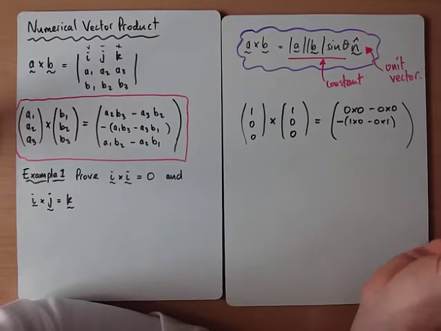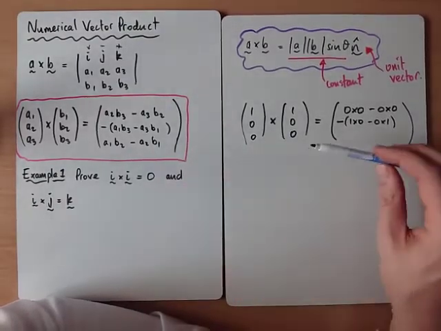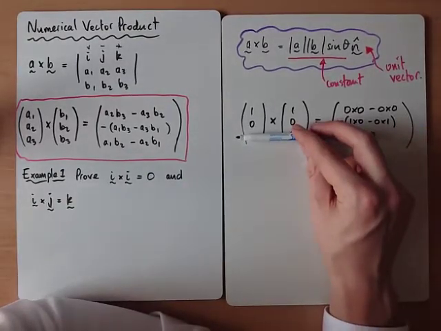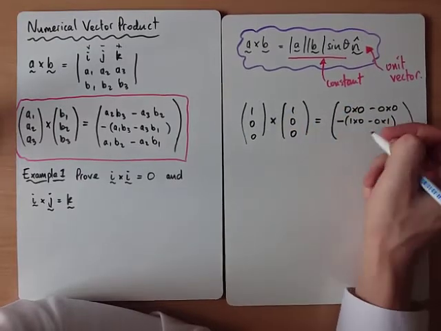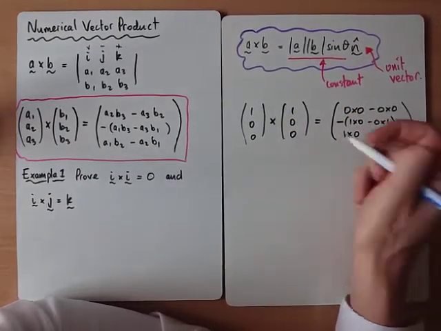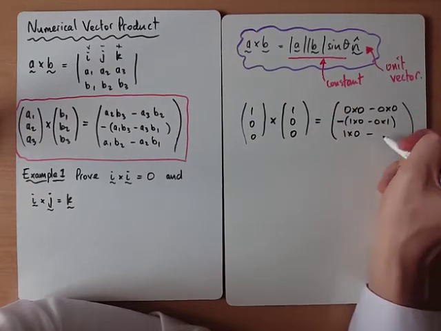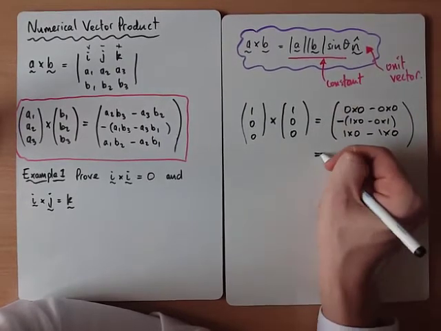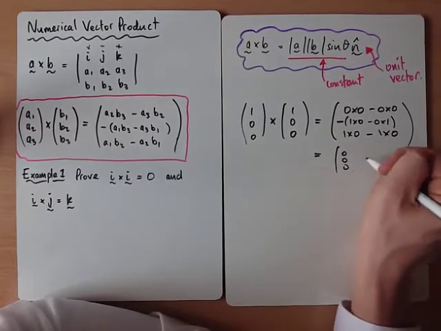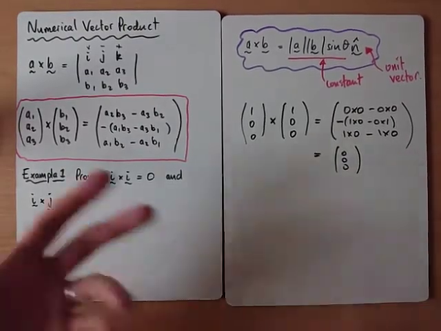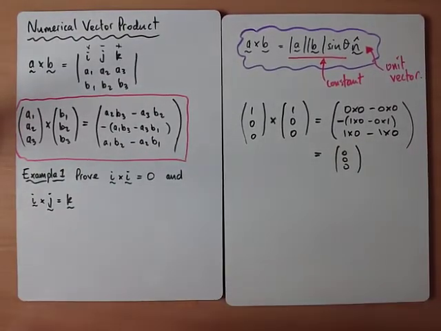It's not your typical proof, by the way, it's just to get us used to how this cross product works. And then for the last one, it would be 1 times 0 minus 1 times 0. So we end up with the vector (0, 0, 0). You could write it as just 0.